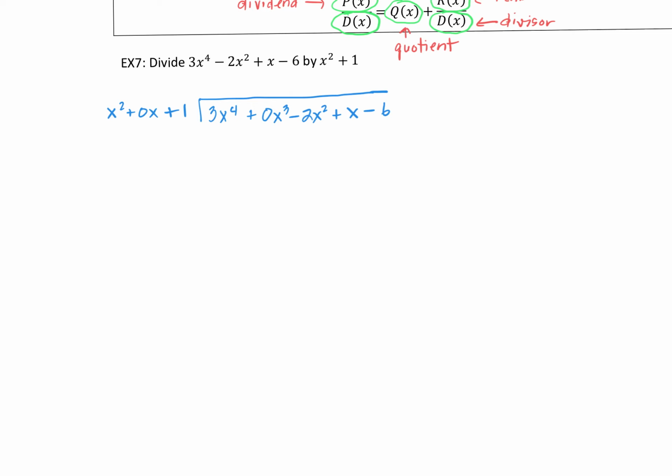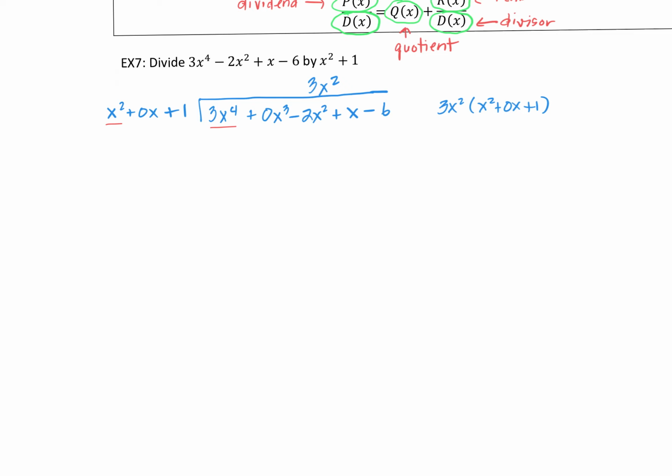Okay, so again, just look at the leading term on the divisor and on your dividend and ask yourself, what do I need to multiply the x squared by to get 3x to the fourth? And it should be 3x squared. So off to the side, if you need to, you would multiply the 3x squared times x squared plus 0x plus 1.